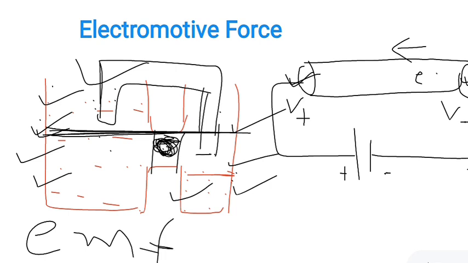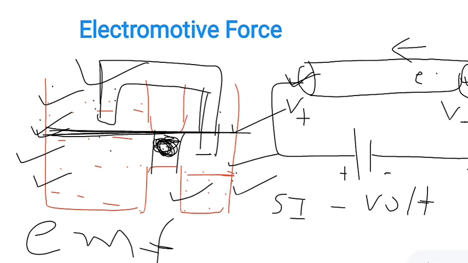Now it is not really a force, it is only a potential, and its SI unit is volt, just like potential difference or potential. We already defined potential. Potential means the amount of work done to bring a unit positive charge from infinity to any point of an electric field.